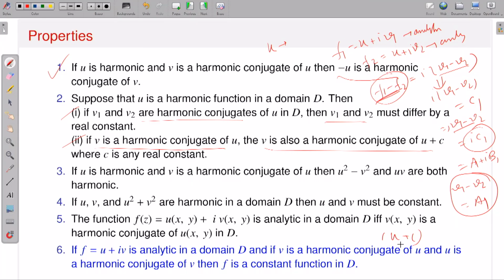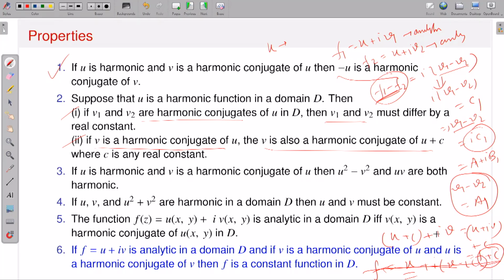So U plus C plus iV, which is the same as U plus iV plus C, that is F plus C. So therefore if F is analytic and C is a constant, F plus C is also an analytic function.